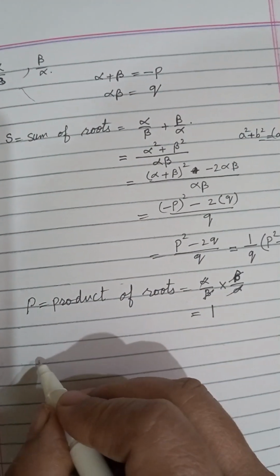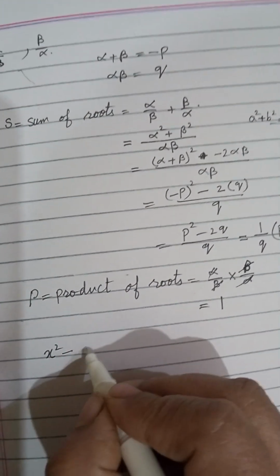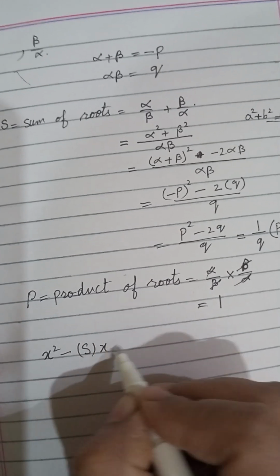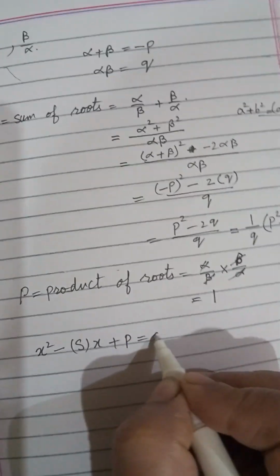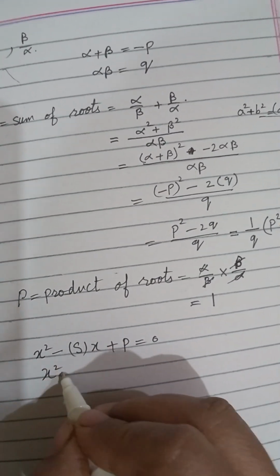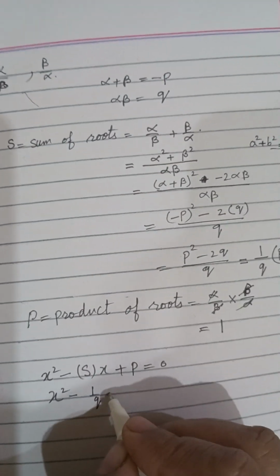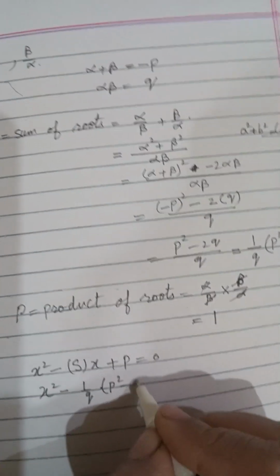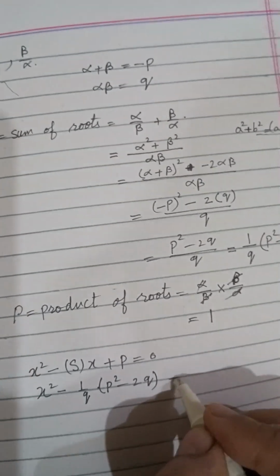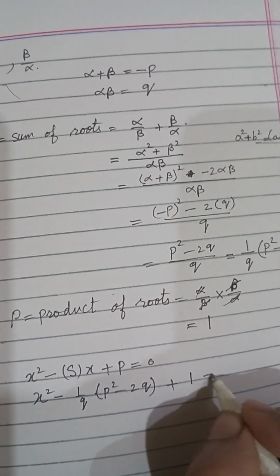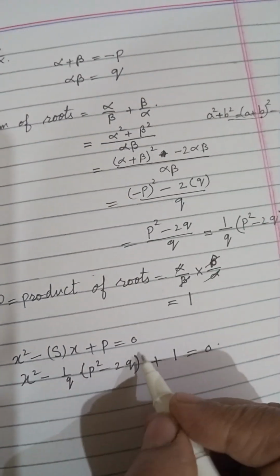So according to the formula, x² − (sum of the roots) x + product = 0, we get x² − 1 over q into (p² − 2q) x + 1 = 0.